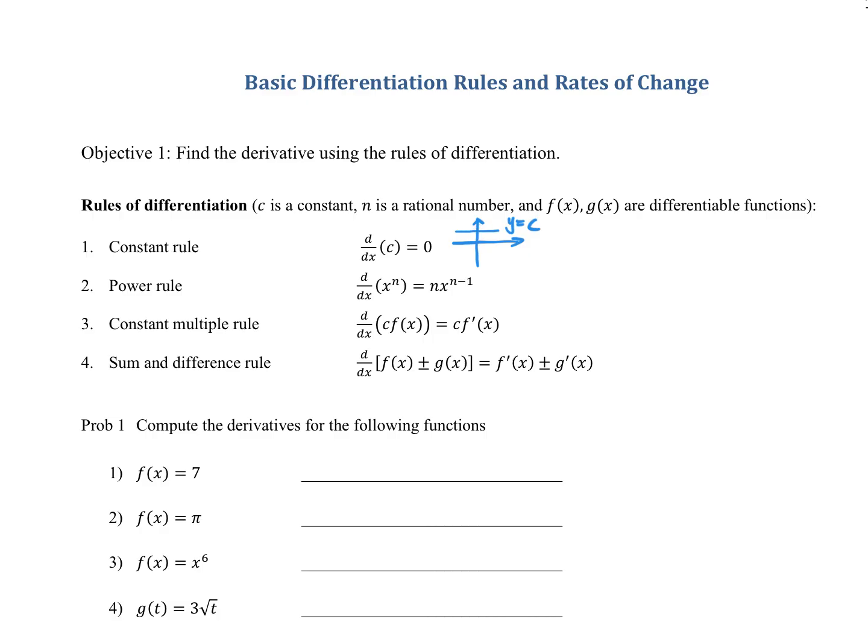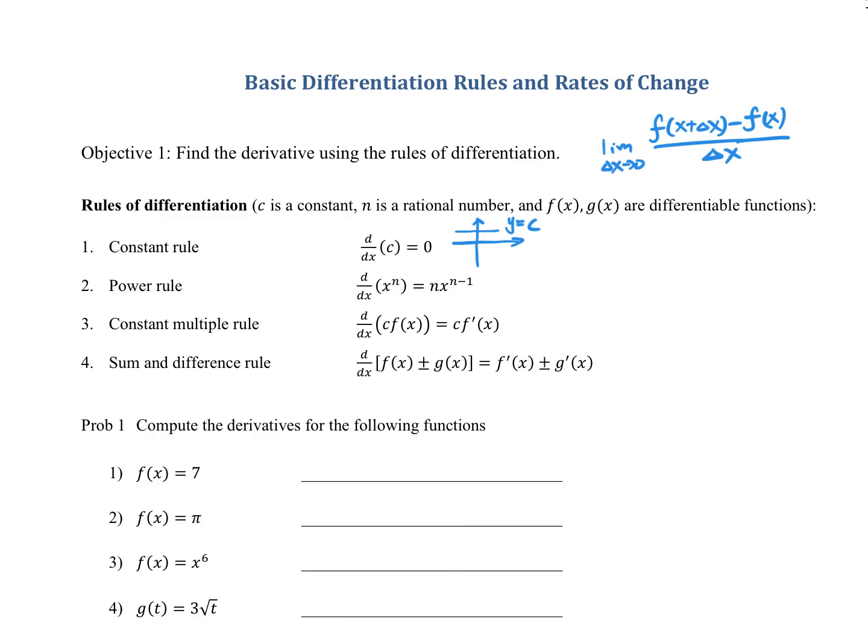Using the definition perspective, we can see that the derivative is the limit as delta x approaches 0 of f of x plus delta x minus f of x over delta x. So this is the derivative of f. Now this time the function is a constant. F of x is equal to c for any value of x.